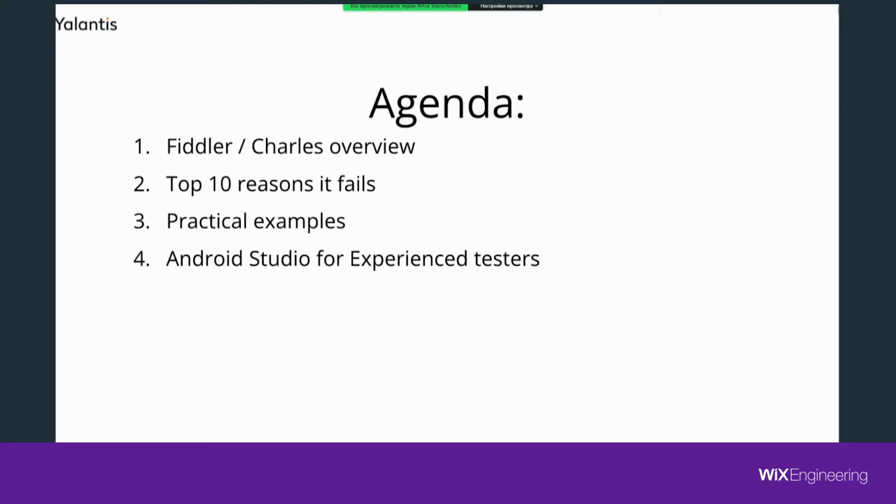After that, we will have some fun, with practical examples and scenarios for testing mobile applications with the data that we need, and also how to check the behavior of the application in stressful situations, like when the server sends unhandled errors or the server is not available at all. And the last one: we will find out why manual QA should know how to use Android Studio and how it may be helpful for us.